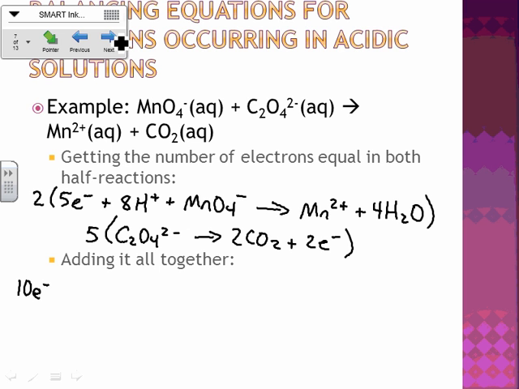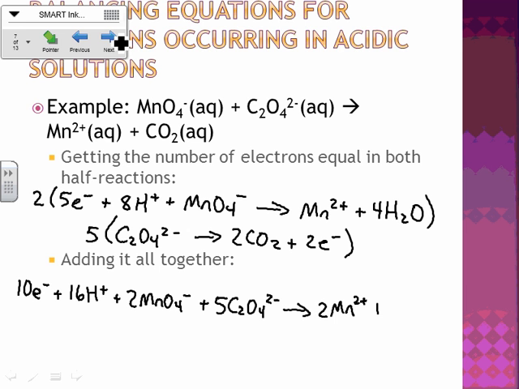So 10 electrons plus 16 H+ plus 2 MnO4- plus 5 C2O4 2- yields 2 Mn2+ plus 8 H2O plus 10 CO2, I'm going to run out of room, plus 10 electrons.